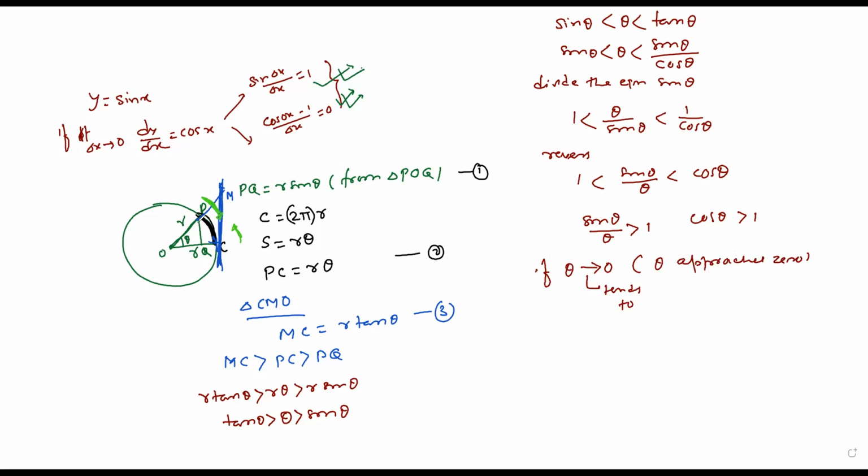And if theta decreases, then the values of PQ, MC, and PC will also decrease to a point where tan theta is equivalent to theta is equivalent to sin theta. So if theta tends to 0, we may write sin theta by theta equal to 1 and cos theta equal to 1, when limit theta tends to 0.